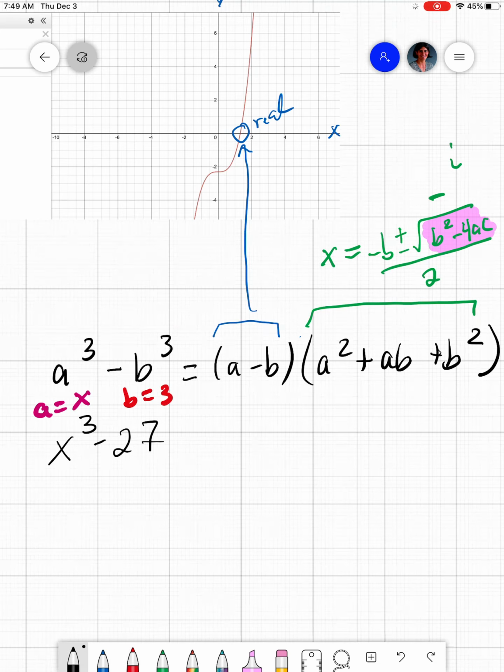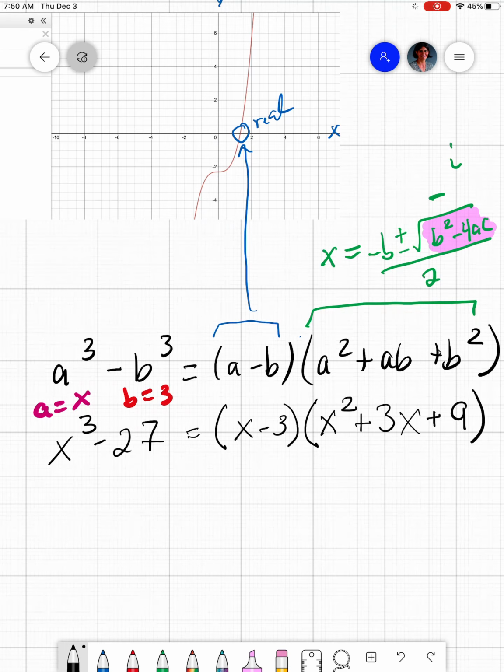Oh, b equals 3. Now I'm going to try to use this formula. A minus b is x minus 3. Now a squared, so a is x, it's going to be x squared. Then I'm going to have 3x because that's a times b, and now I'm going to have 9.